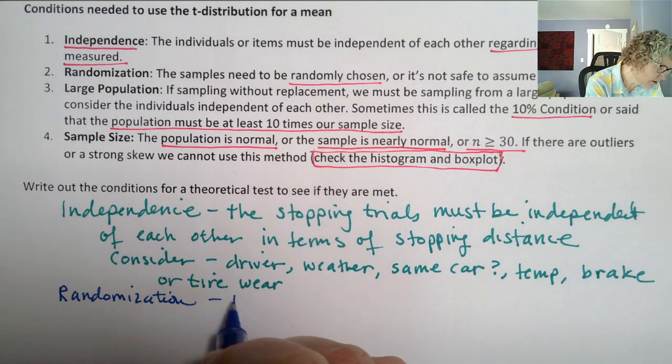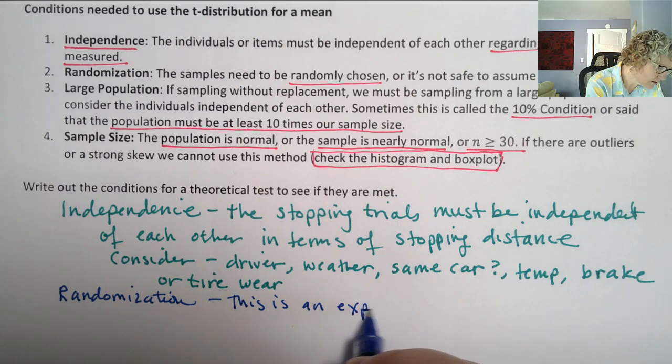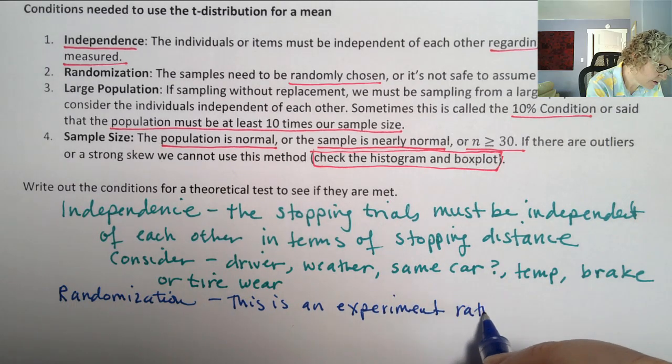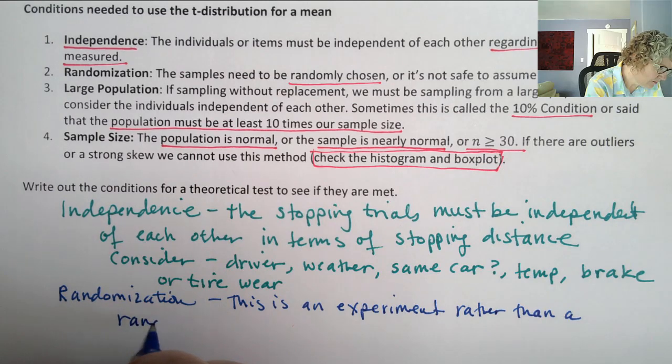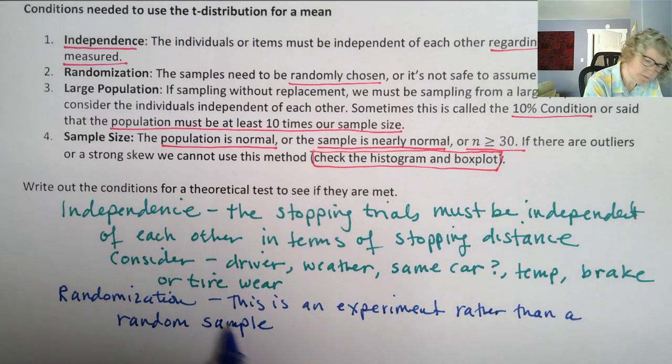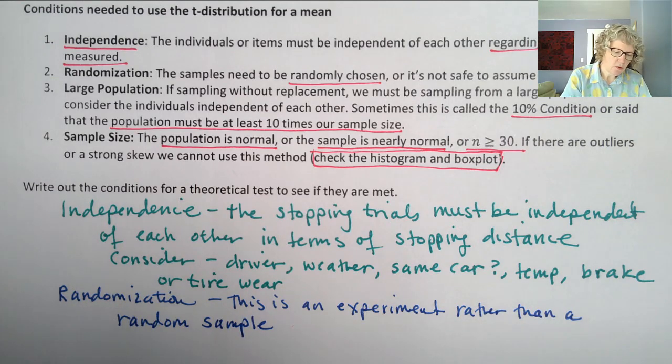This is an experiment rather than a random sample. Okay, so we do want to consider all these other factors, like the type of car, size of the car, all those kind of things seem really important.